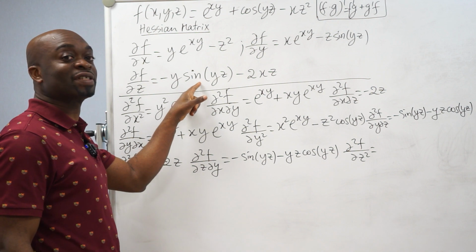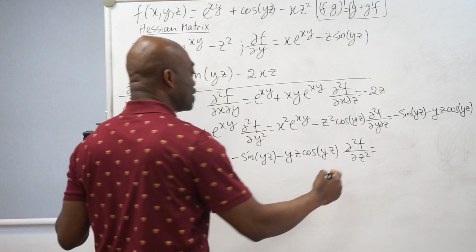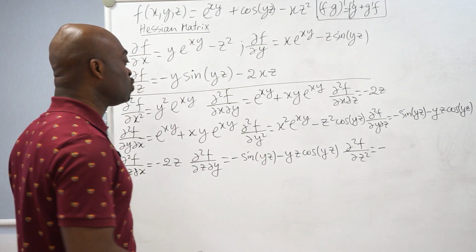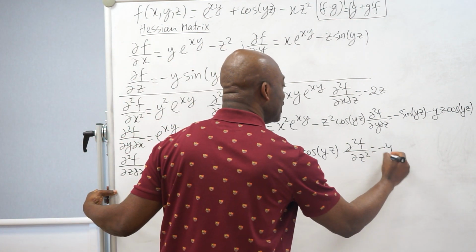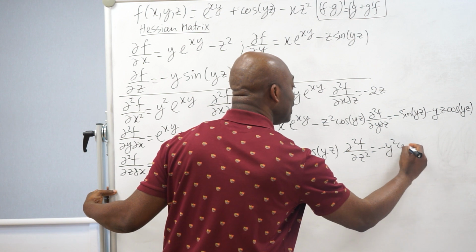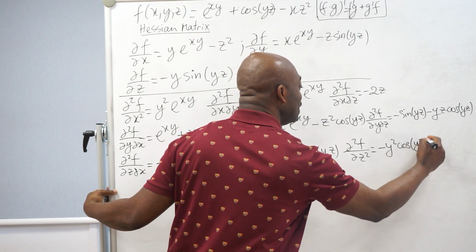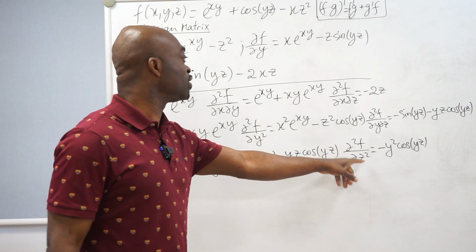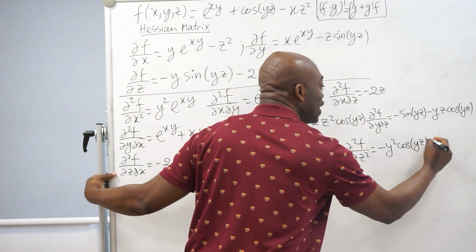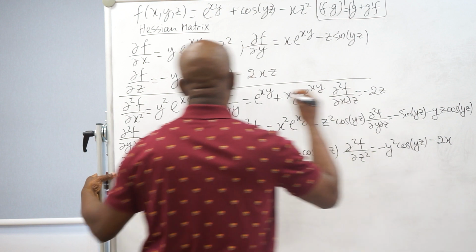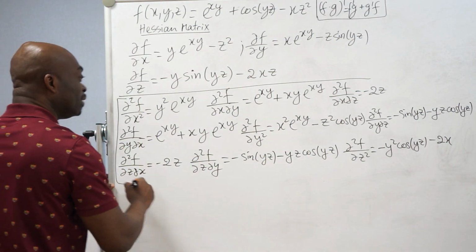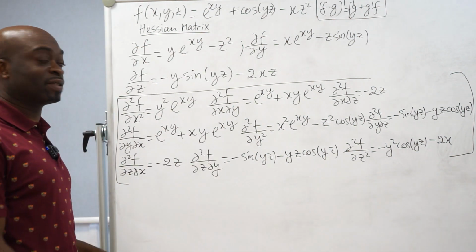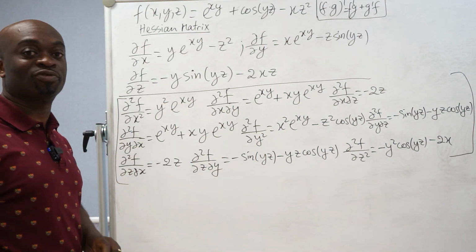And then the derivative of sine is cosine, which is positive, but because we already have a negative there, that will give us y squared cosine yz. And then the derivative of this one with respect to z, so that will give us negative 2x. All right, so we're basically done. And then we get our 3 by 3 matrix.